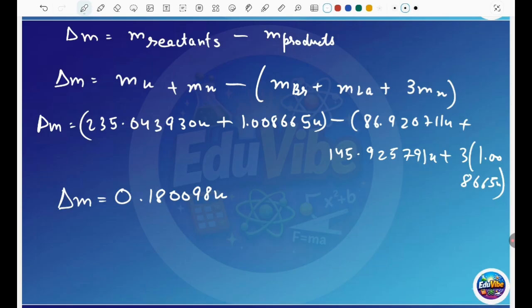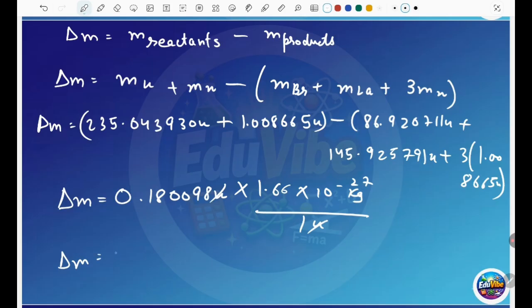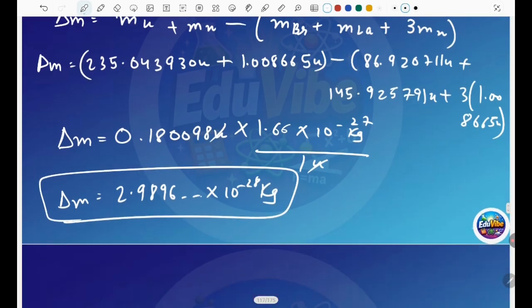Now for calculating the energy, you want this in kgs. So multiply this by 1.66 times 10 to the power minus 27 kg per 1 U. When you solve this, you get about 2.9896 times 10 to the power minus 28 kg.